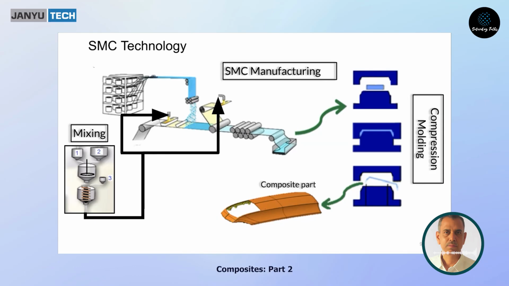So we are finding that the glass fiber is getting sandwiched between the two coated films, passing through the deaeration zone from where the air will get dispelled, and then going to the compaction zone, this roller you are finding. Then we can either roll it or collect it in a zigzag pattern that you are finding here.